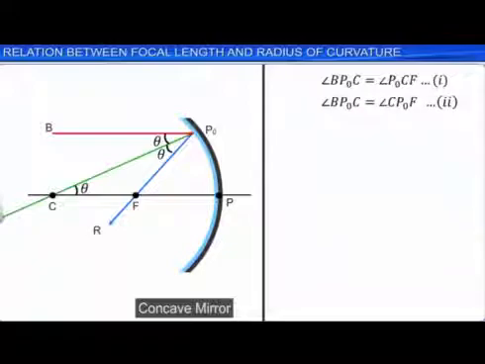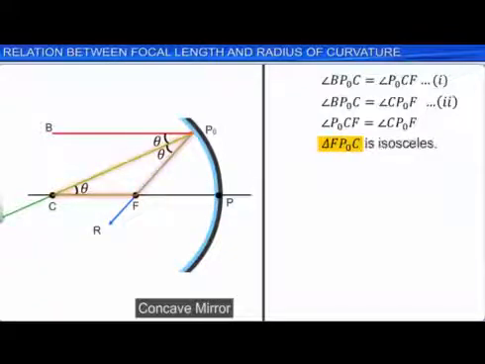From these two equations, we can conclude that angle P0CF is equal to angle CP0F. Since these angles are equal, we can conclude that triangle FP0C is isosceles. Hence, P0F is equal to FC. Let this be equation 3.